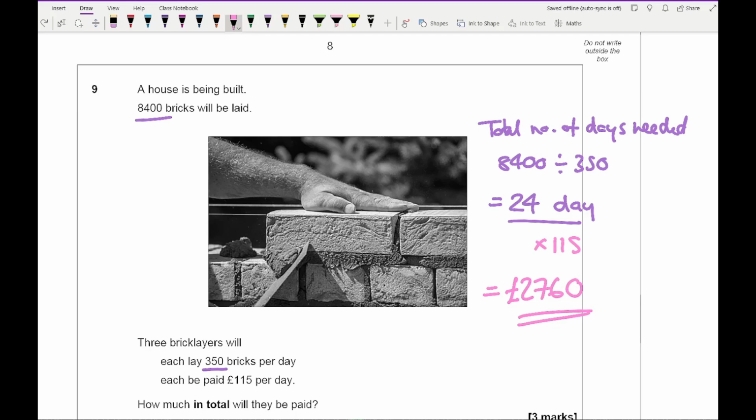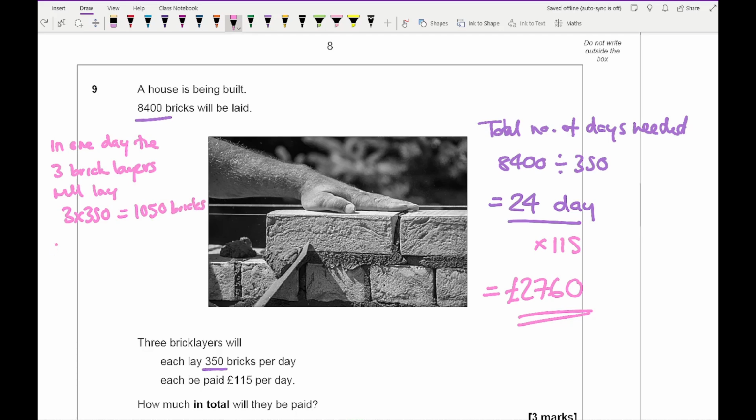So for example, another way of working this out is in one day, the 3 bricklayers will lay 3 times 350, which on the calculator gives me an answer of 1,050 bricks.